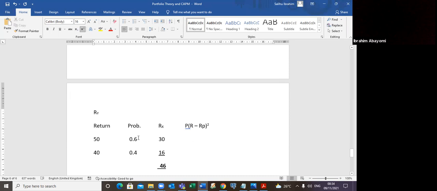That will give me 9.6. Then 30 minus 46, squared, times 0.4, that is 14.4. So add the two together. What do we have? 24.